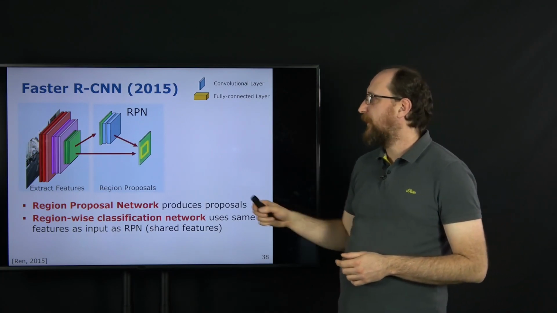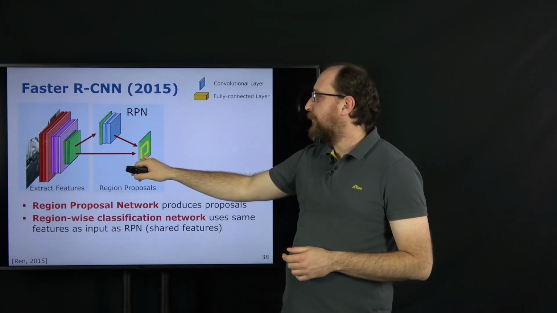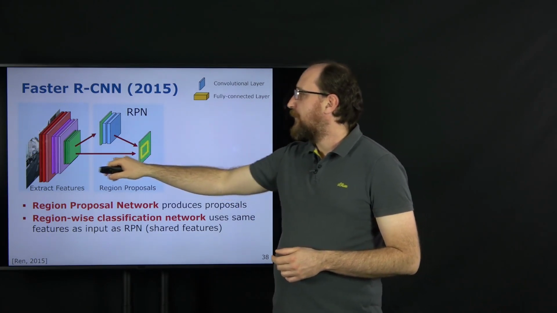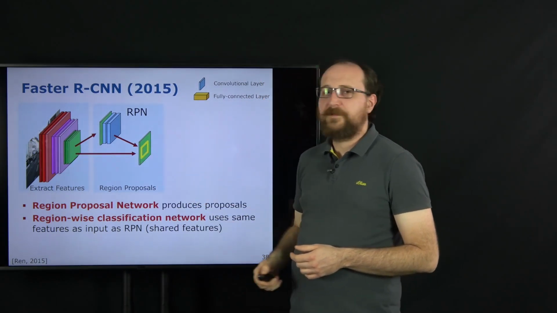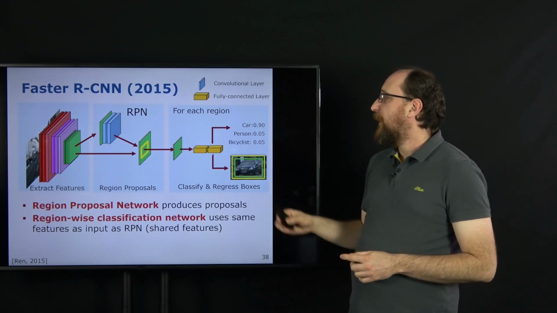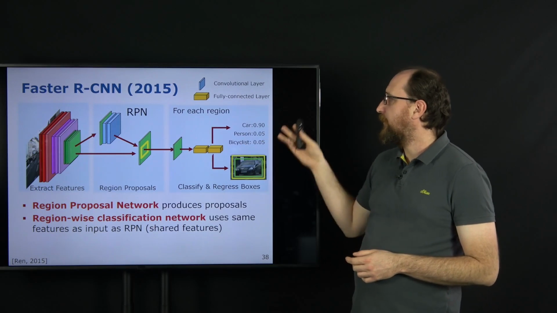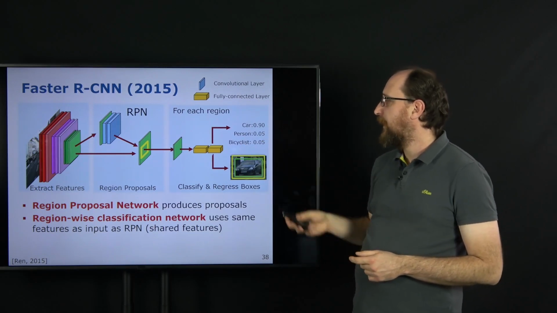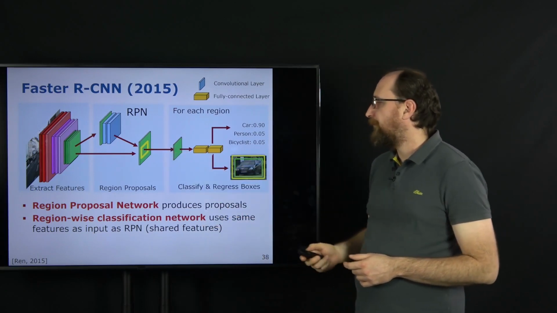These proposals are then used to get the part of the feature map from before, so they are basically sharing the feature map, and to then classify them. So the third part is to classify each region. We have one part that does the classification, for instance here car, person, and bicyclist, and another part that then refines the proposal region.